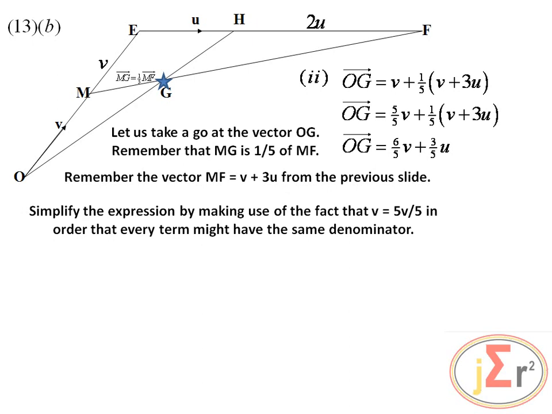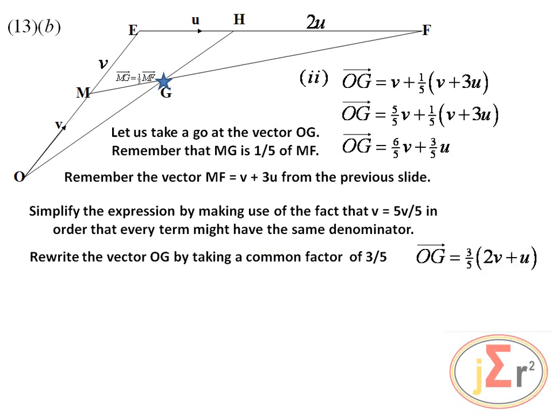So we have 2V plus U, and it is going to be parallel to another vector. Maybe we will be required to say that 3 points are collinear. So rewrite the vector OG by taking a common factor of 3/5: 3/5 of (2V plus U).